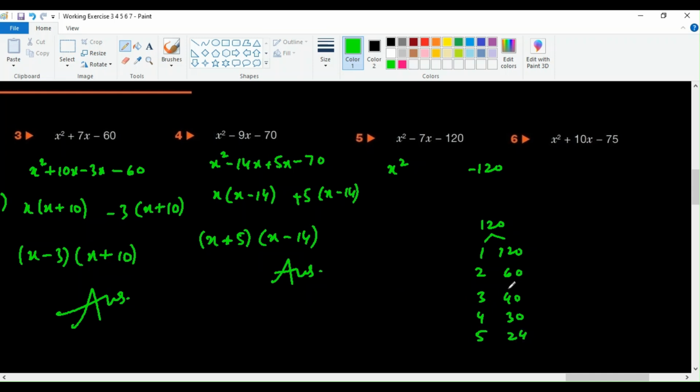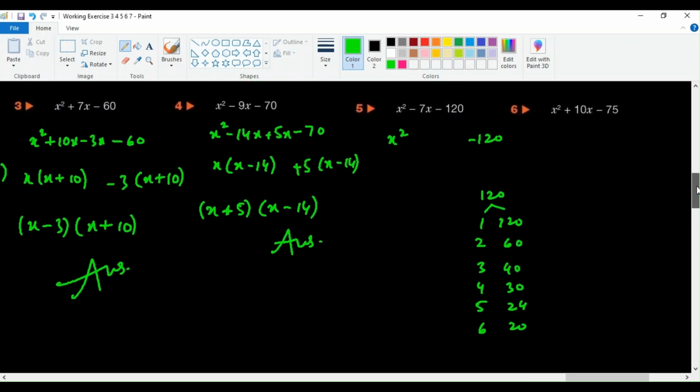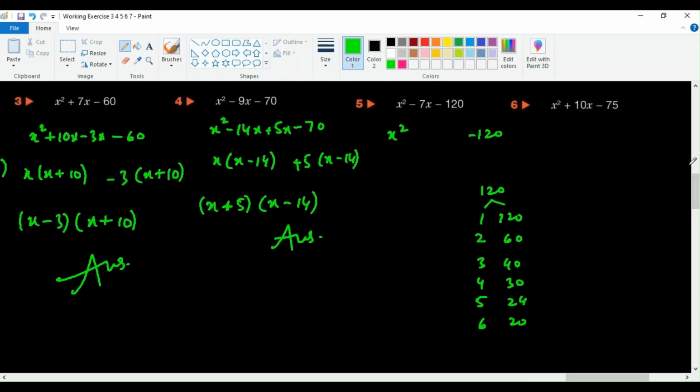None of them is giving us 7. Now divide by 6. 6 times 20 and 20 minus 6 is a 14, not minus 7. So we divide this by 8.